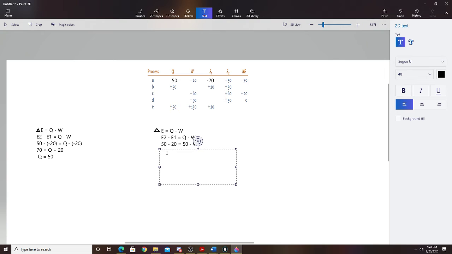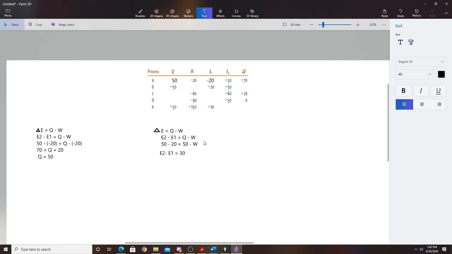And we could say delta E, so E2 minus E1, is equal to 30. That one's pretty straightforward. And then we have to find the last one. So now that we know that this is 30, so 30 is equal to 50 minus work. So if we move work to the other side and you subtract over 30, you get 20, right?